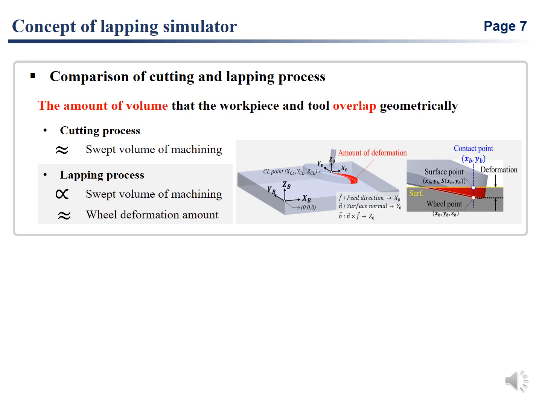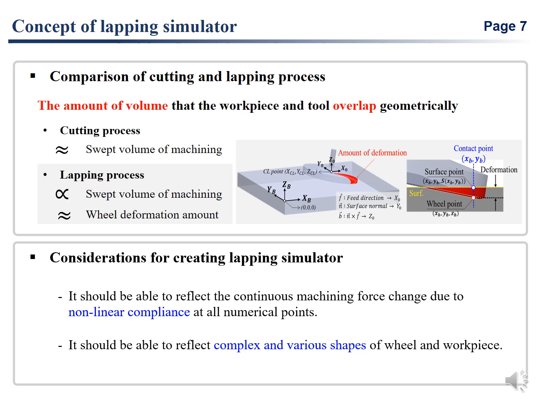However, in the lapping process, it is not equal to the swept volume, but similar to the amount of wheel deformation. Through these characteristics, a basic concept in which the workpiece and lapping wheel geometrically overlap, as shown in the right figure, was constructed.